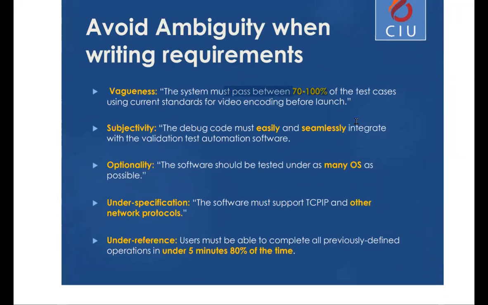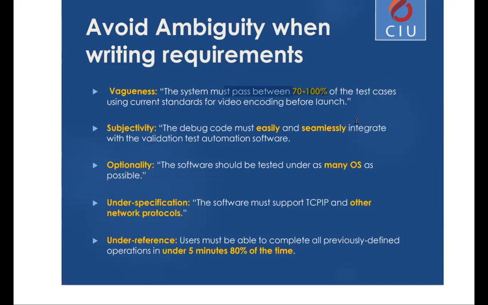So this is a very vague definition. Another mistake is being very subjective, such as "the debug code must be easy and seamless." What is easy? To me, Java is very easy. To another person, it could be the most difficult language. So these are very subjective terms, and there is no room for them in the requirements documentation.